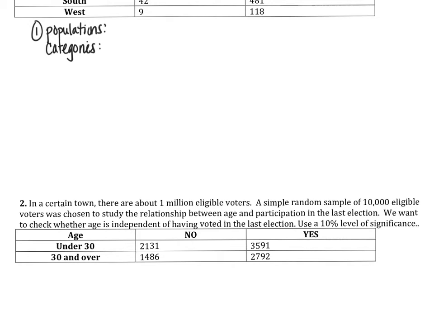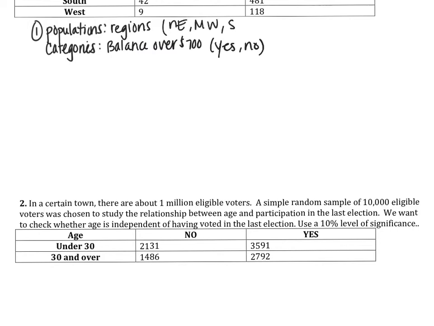So regions are populations. And this is whether you have a balance over $7,000 or not, with the option of yes or no. And up here we have the option of Northeast, Midwest, South, and West. We know this is a test of homogeneity because it says right here, the same. So that is an indicator that we have a test of homogeneity here.